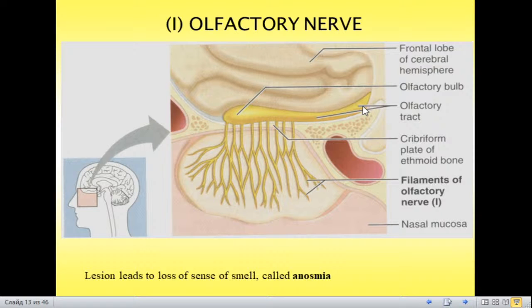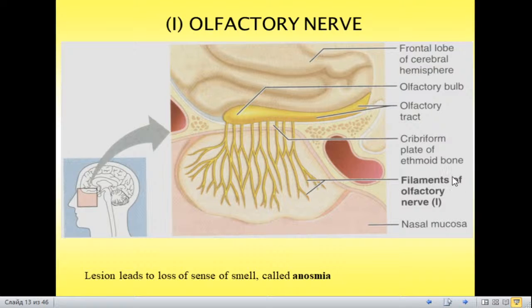First one is olfactory trigone, second one anterior perforated substance, and third one is septum pellucidum. And finally, the cortical end of the olfactory analyzer is located in the olfactory area, uncus and parahippocampal gyrus.